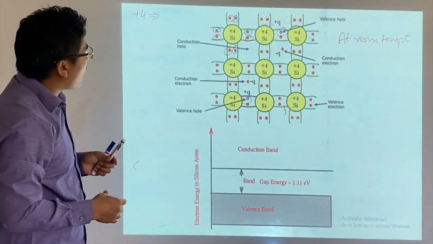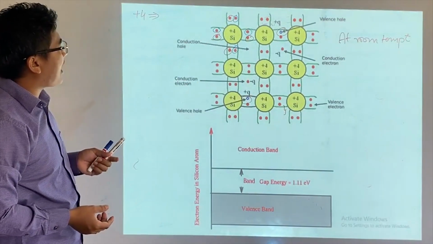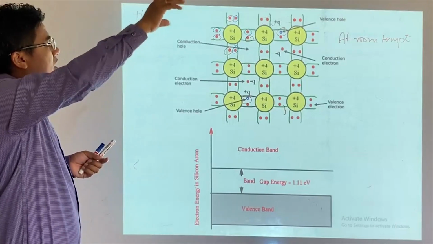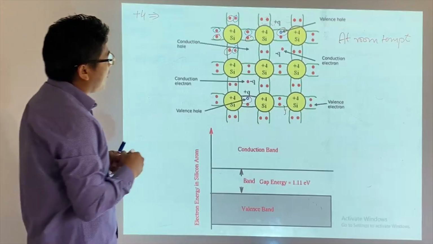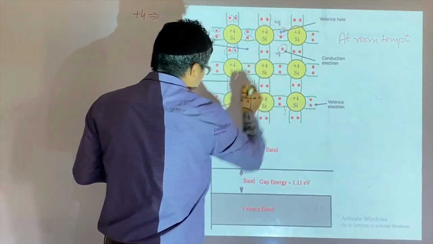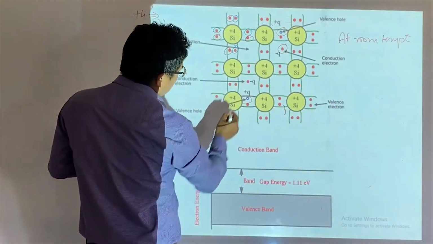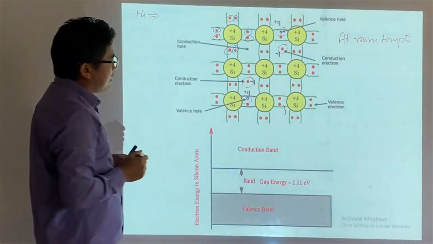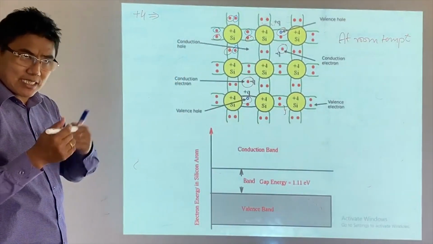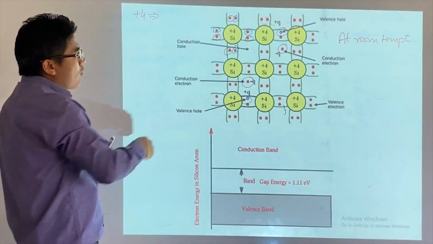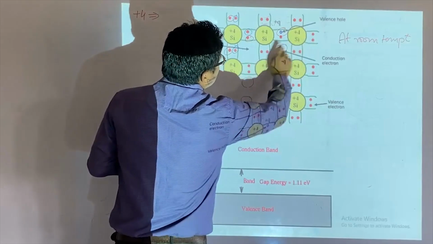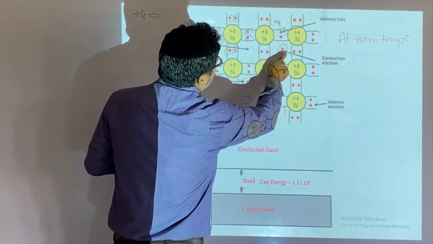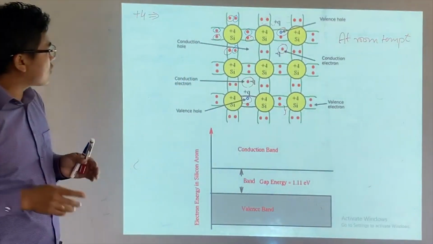How many electrons are available in the conduction band now? 2 electrons are available in the conduction band. This is 1 electron, this is another electron, in the lattice space.